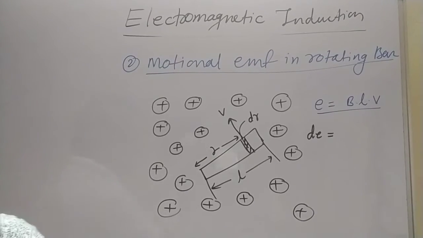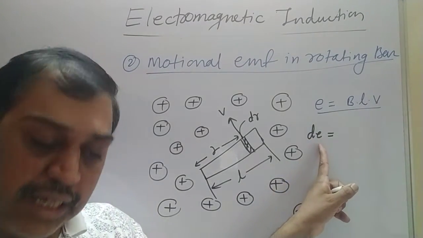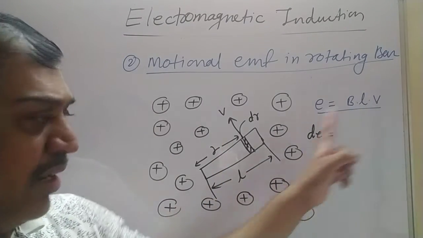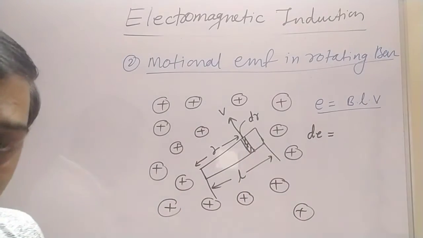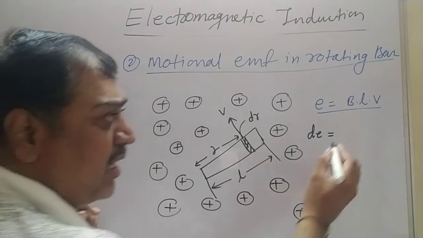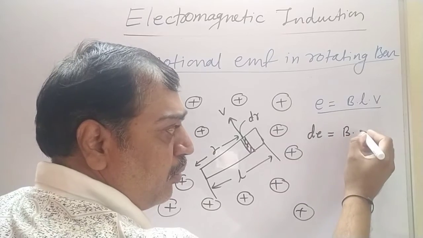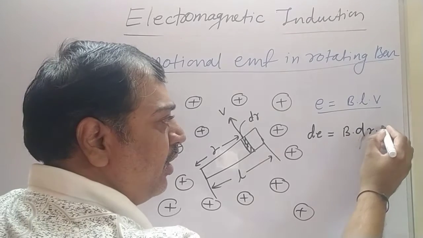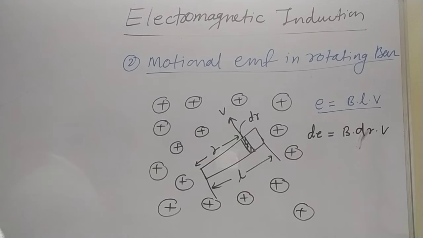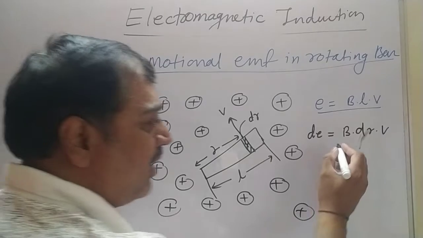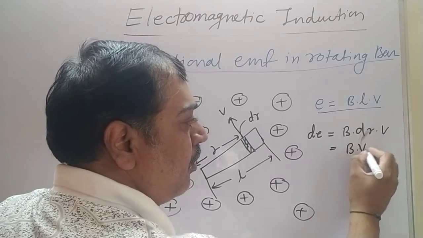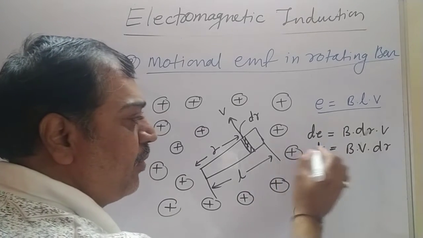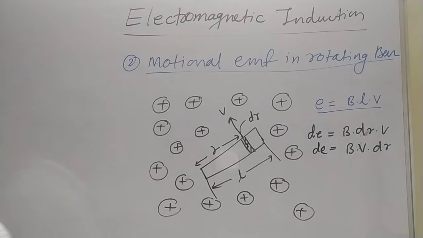The magnetic field applied is B, the coil is moving with velocity v, and its length is not L but dr. By this equation you can write dE equal to B into dr into V, or B into V into dr. This is the EMF induced in a small length of the coil, dr.